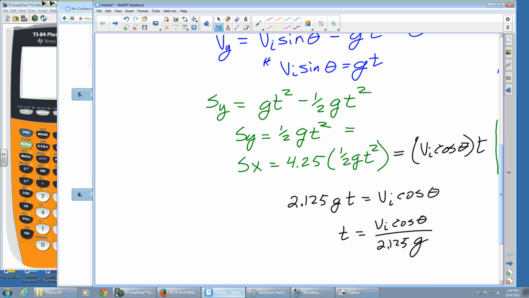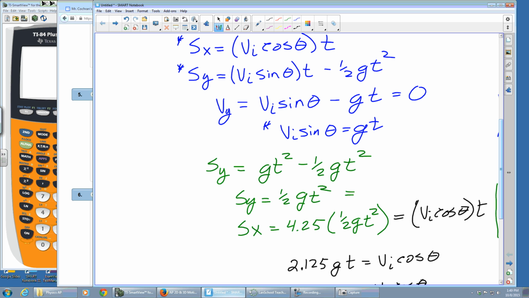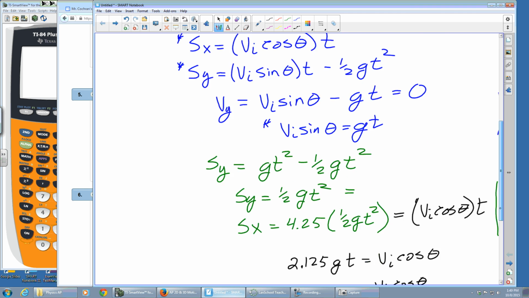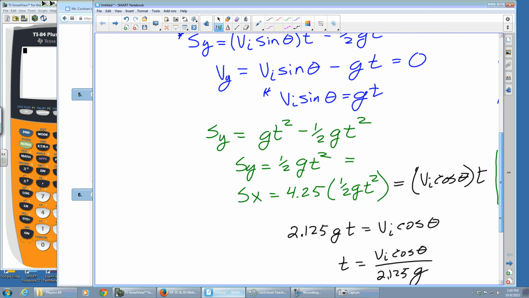Because I really want to get rid of this t, I want to go back up here to my s sub y, or maybe even into something else, and get rid of the t. Oh, what if, that's where I'm going to go. I'm going to substitute this into my vy.